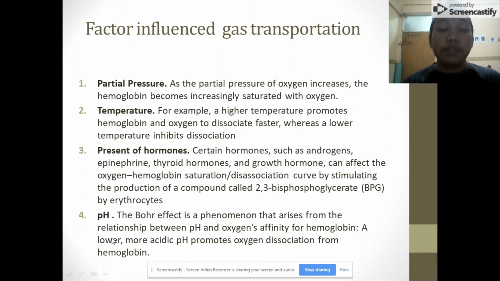And the last one is the pH. As stated in the Bohr effect theory, the Bohr effect is a phenomenon that arises from the relationship between pH and oxygen affinity for hemoglobin. A lower, more acidic pH will promote oxygen dissociation from the hemoglobin.